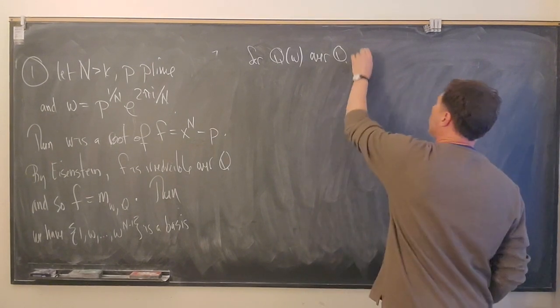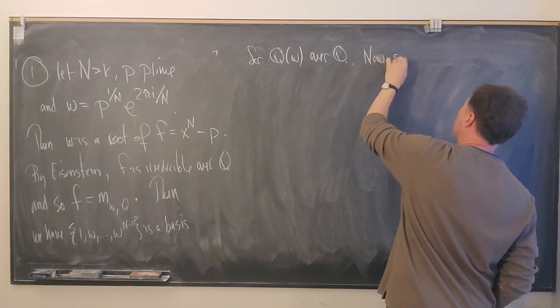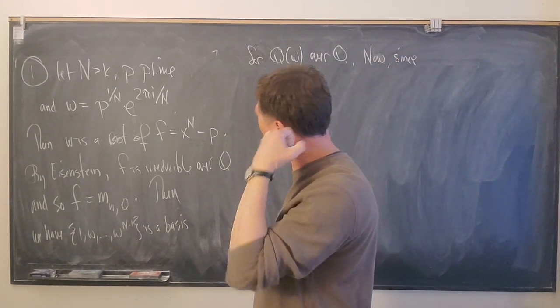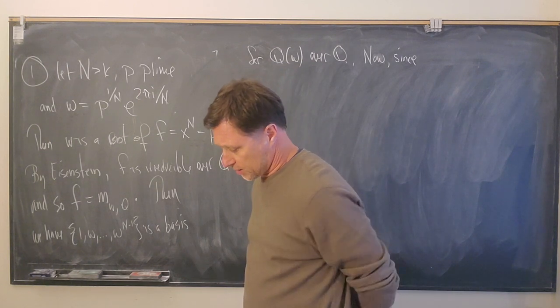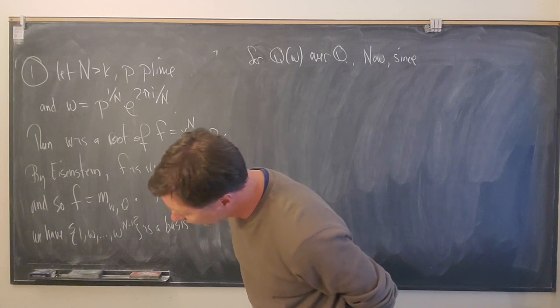So now, since, let's see, I chose n greater than k, which means that k is less than or equal to n minus 1.